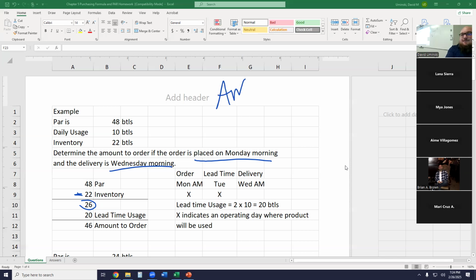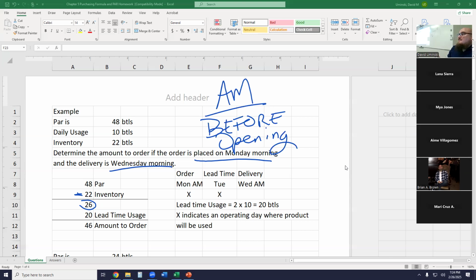Anytime in any of these problems, when we say AM, that means before we open. Which means if we place our order before we open, we're going to have service all that day. We're going to use product all of that day.